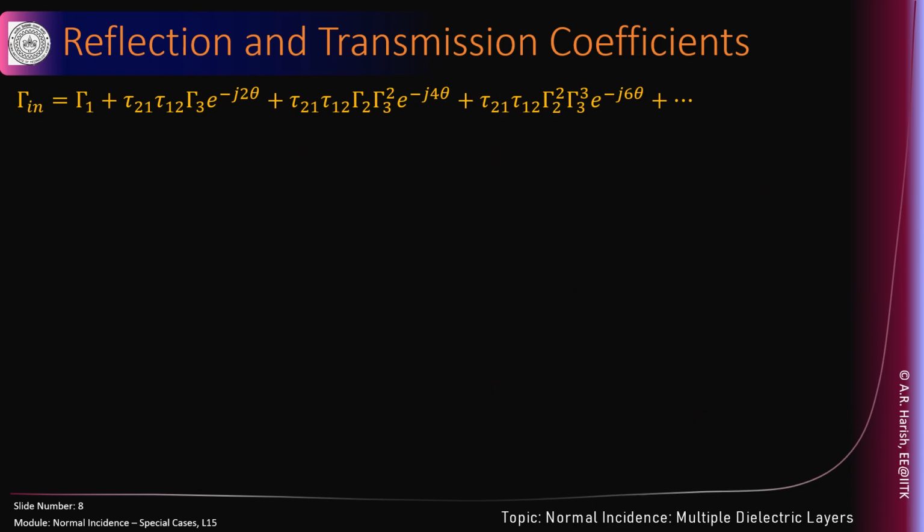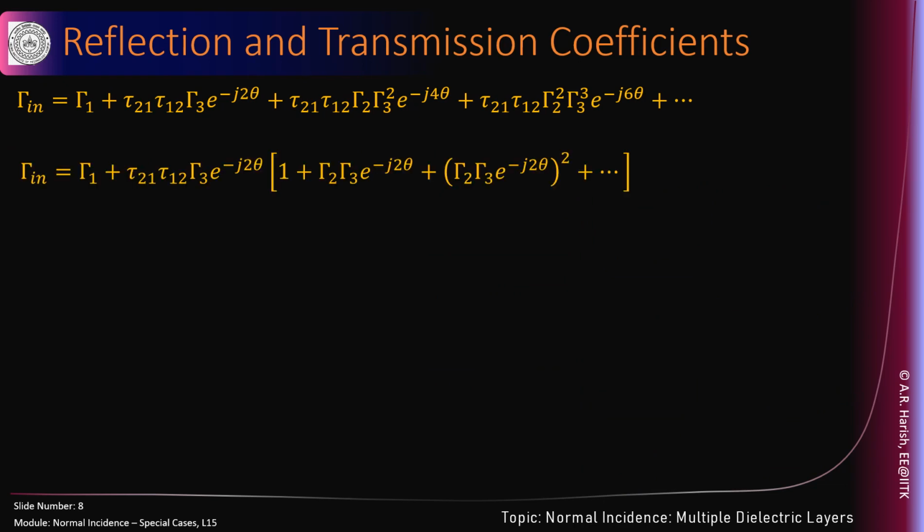And we will consider the first equation and take out the factor tau 21, tau 12, gamma 3 e to the power of minus j2 theta common. What we have is 1 plus gamma 2, gamma 3 e to the power of minus j2 theta plus gamma 2, gamma 3 e to the power of minus j2 theta whole square, and so on. Geometric progression straight away.